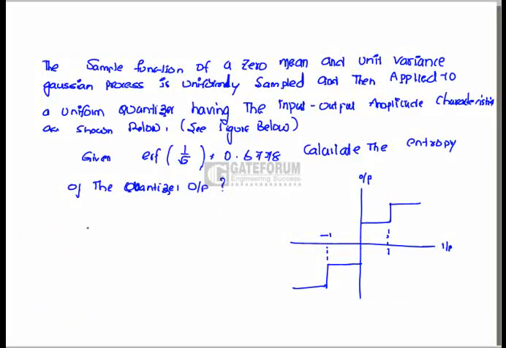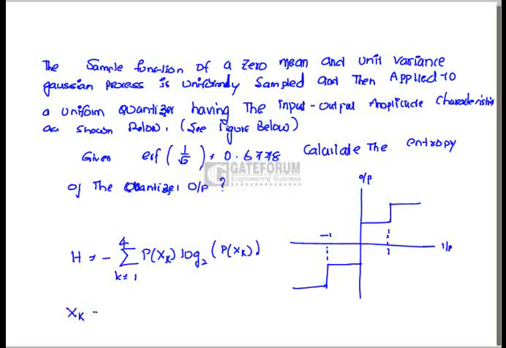Here we have to find out the entropy of the quantizer output, which is given as H equals minus summation k equals 1 to 4 probability of xk log base 2 probability of xk, where xk is the representation level of the quantizer.